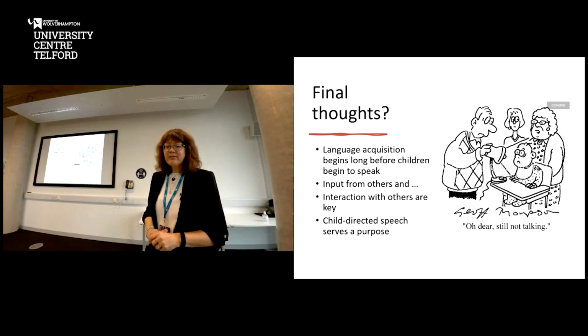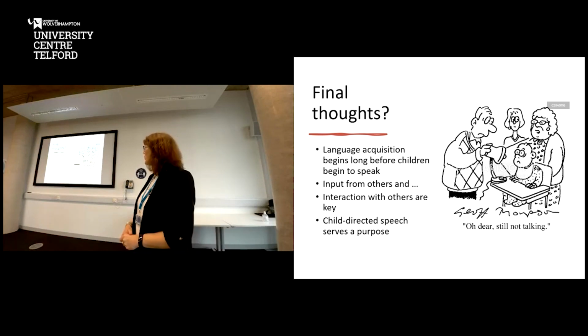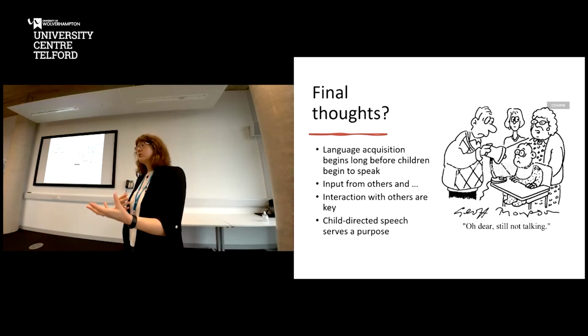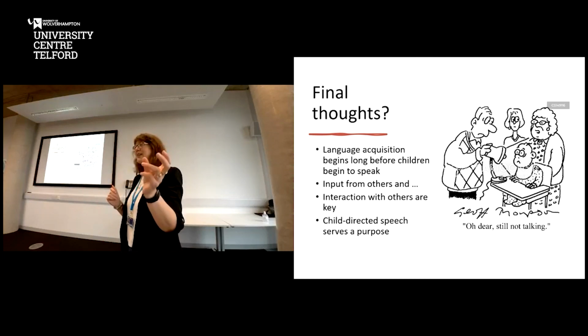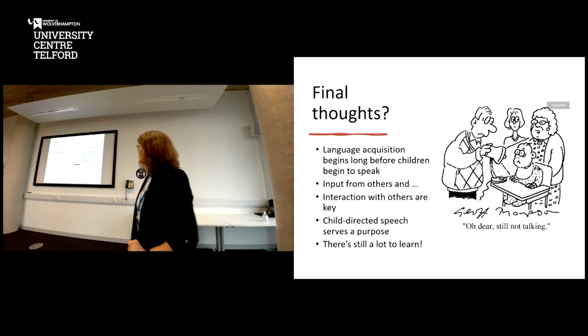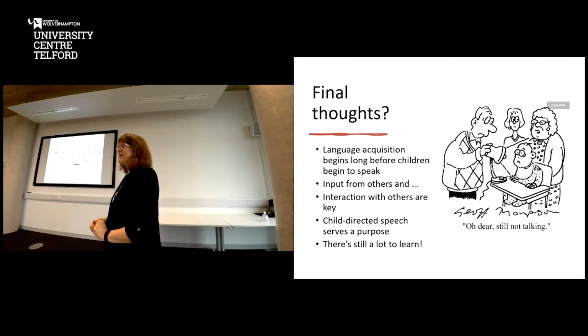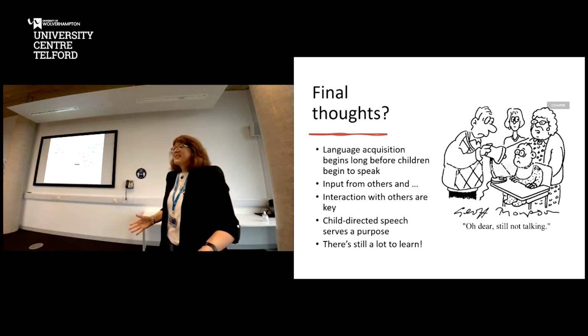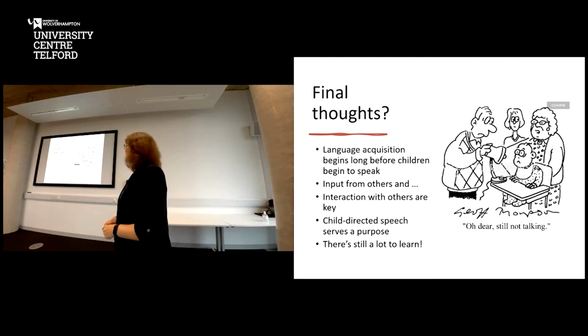And child-directed speech has a purpose. It seems to help children identify those patterns in language that they need in order to acquire language. But finally, we've still got a lot to learn, I think, about child language acquisition. Just like our brains, we know so little about what really is going on in our brains.